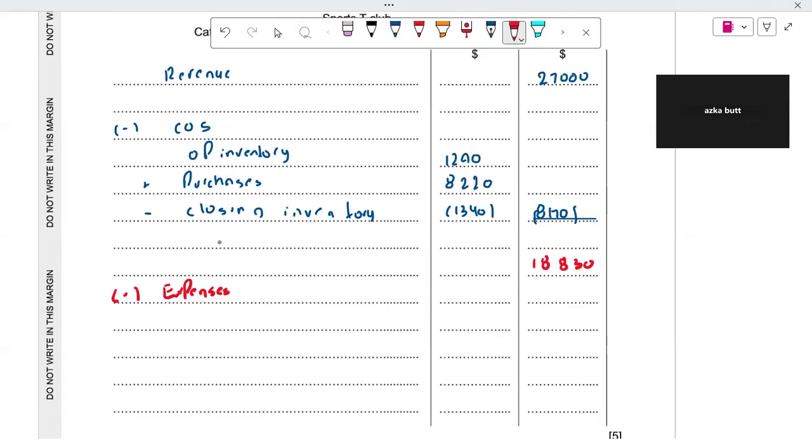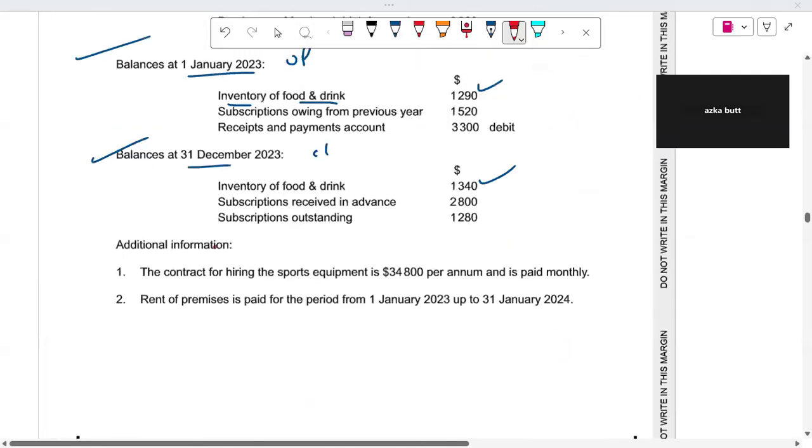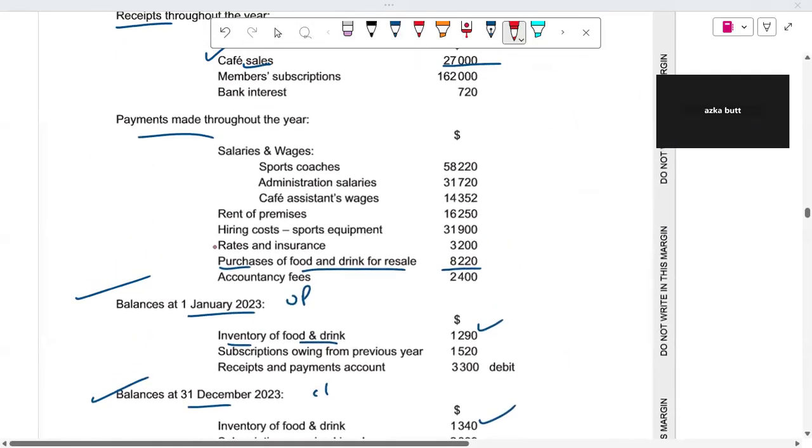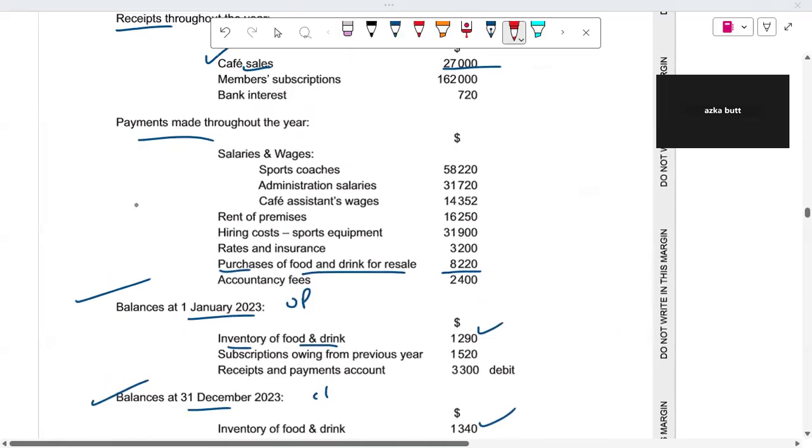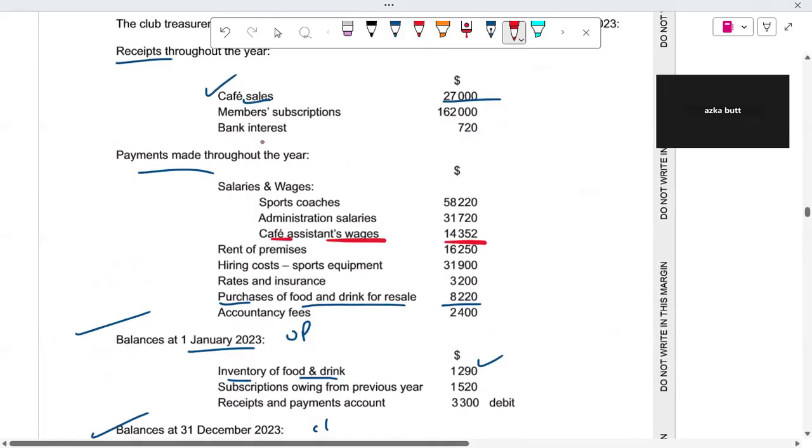Okay. So now let's see the expenses, purely the wages. First of all, we have the expenses. This is cafe assistants' wages, 14,352. So this is the expense. Rent of premises, and rates and insurance: as you can see, there is nothing written that the rent of premises and hiring costs are related to the cafe.